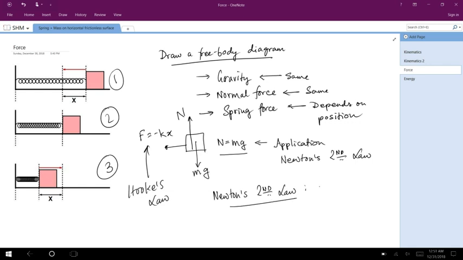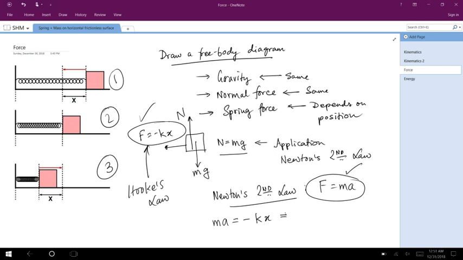Newton's second law tells us F equals ma, right? So we can take this first equation, F equals negative kx, and the second equation, F equals ma, and put them together. That will give us ma is equal to negative k times x.